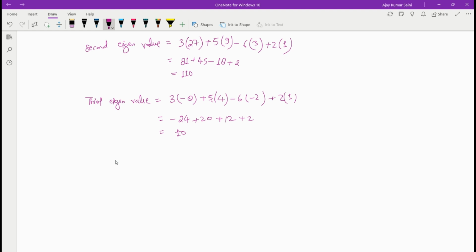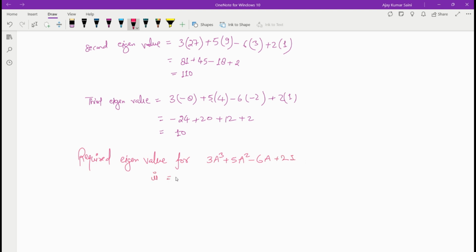Now I can write the required eigenvalues for 3A cube plus 5A square minus 6A plus 2I.